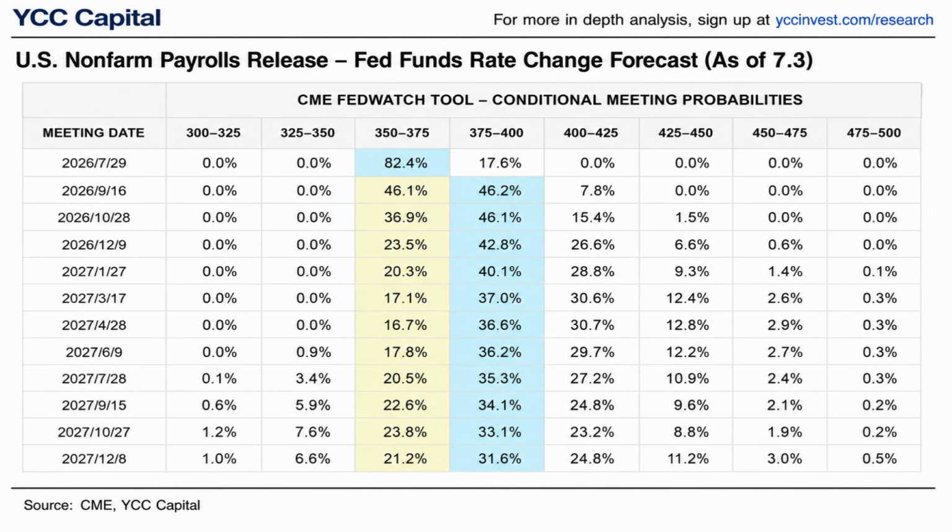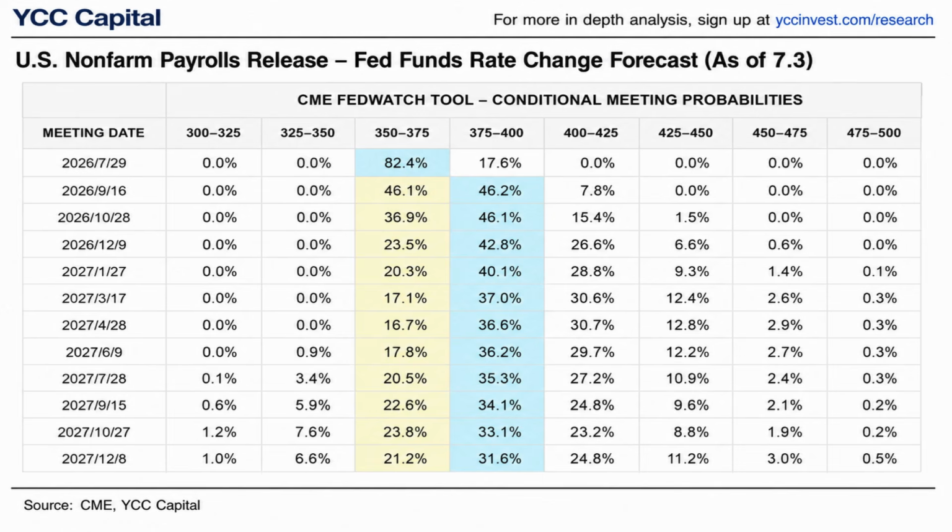In other words, investors increasingly believe that future Fed decisions will depend heavily on incoming economic data. And among all economic indicators, labor market data remain the most influential. If payroll growth stays healthy, unemployment remains contained, and wage growth continues moderating, policymakers can afford to move slowly.